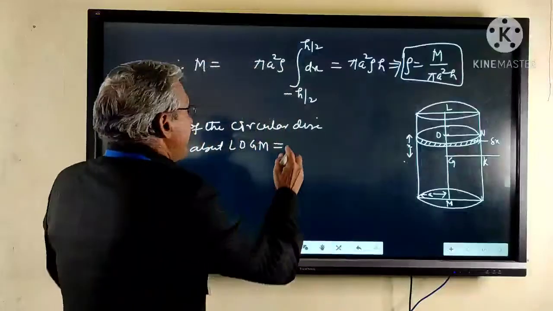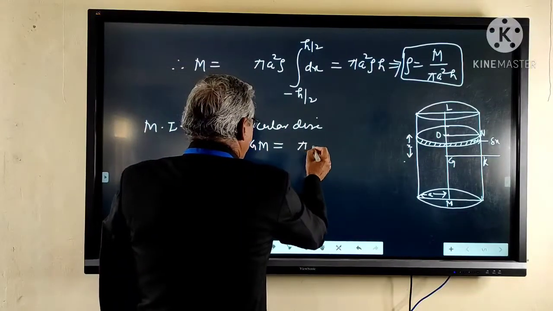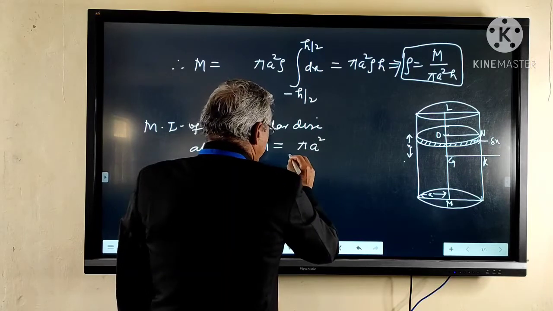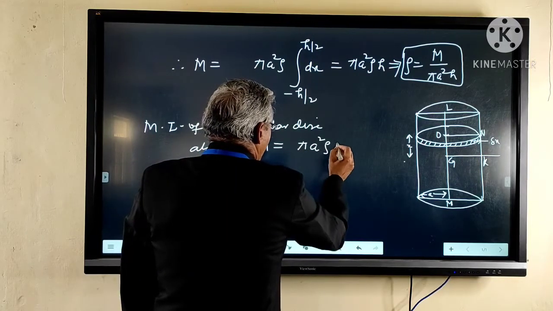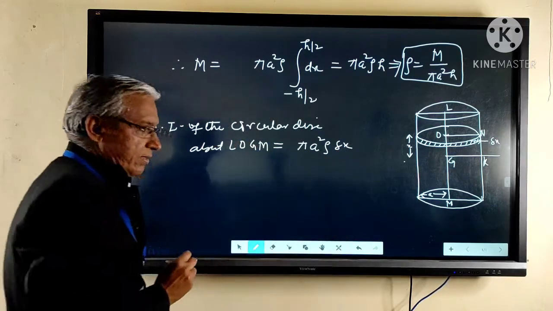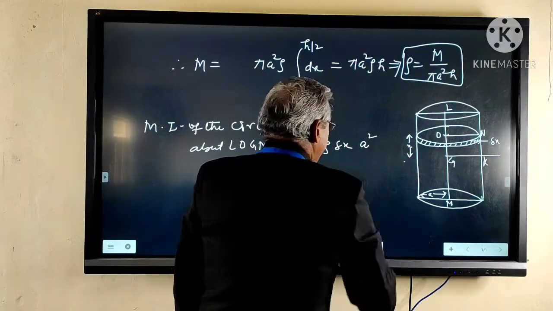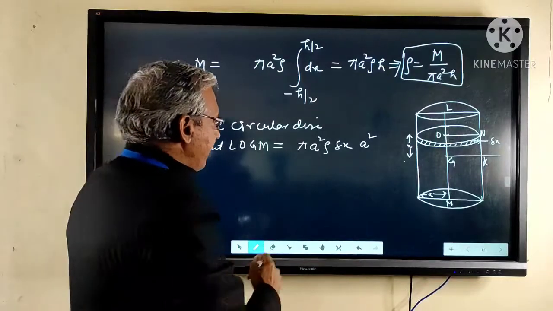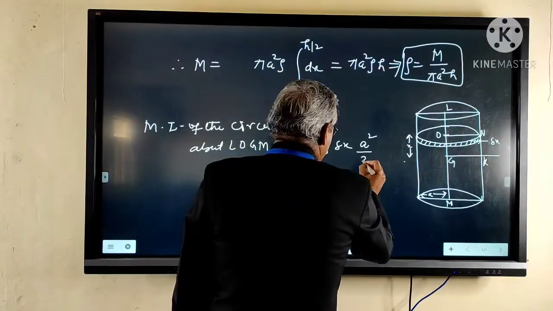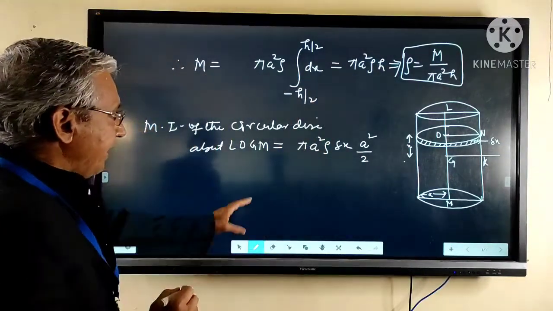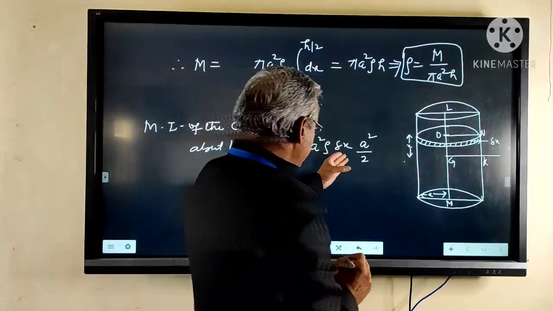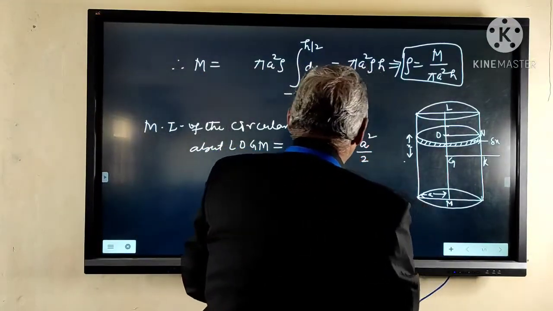Here m is the mass of the circular disc, pi a square rho delta x, into a square, where a is the radius of the disc. So this is pi a square rho delta x into a square by 2.